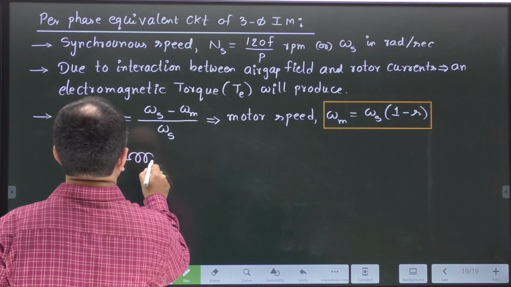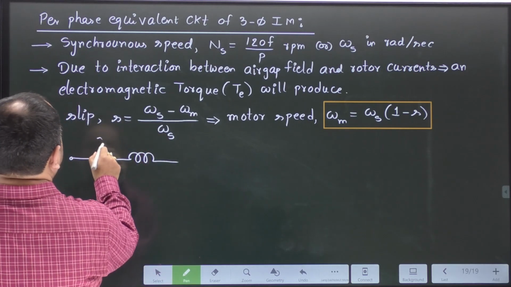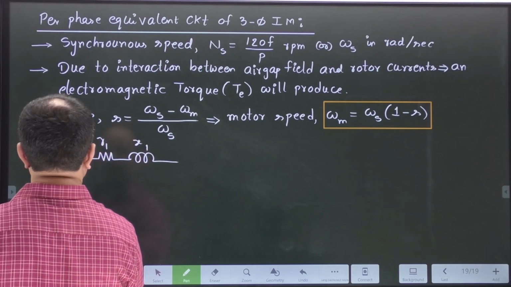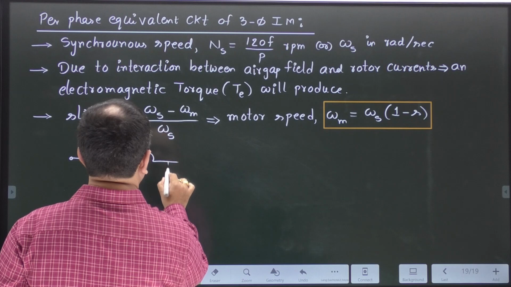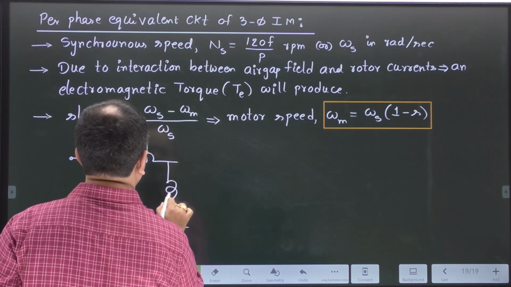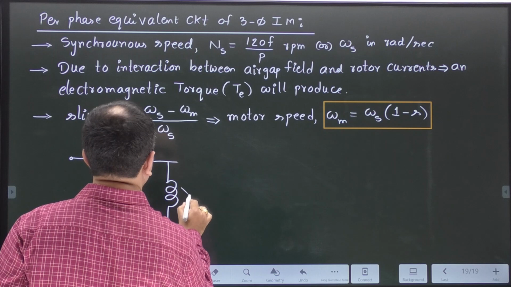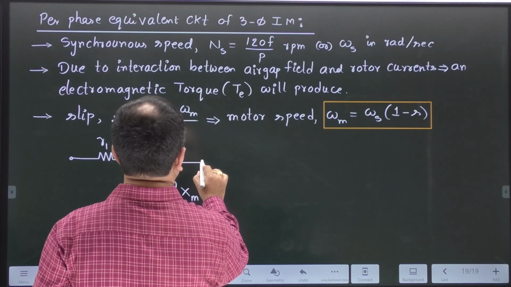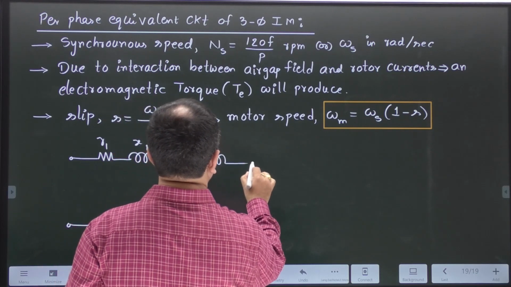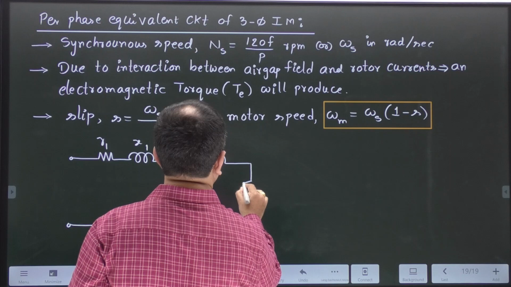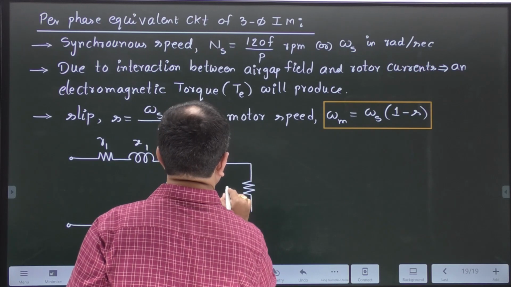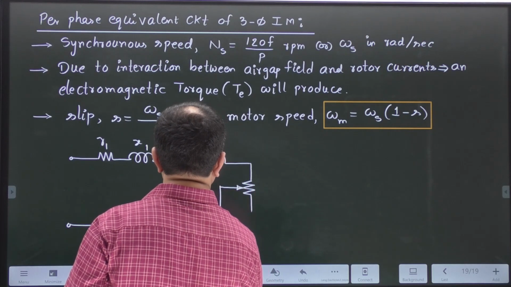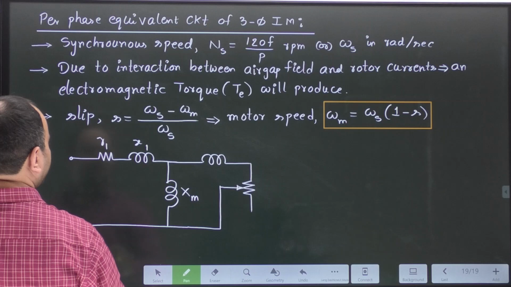This is a stator side resistance and reactance, and magnetizing inductance XM, rotor side reactance and mechanical equivalent resistance from the rotor side.